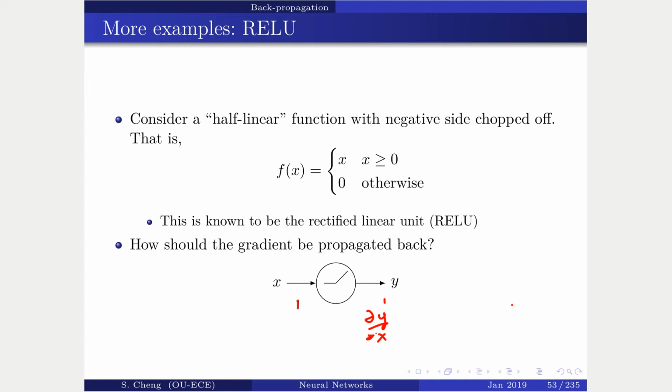Yes. So how about x equal to -2? Zero. Yes. So a simple way to say this: we only have one input, so the partial derivative is just the slope, right? When it's less than 0, the slope is 0, so therefore it's 0. When it's bigger than 0, the slope is 1, so therefore it's 1.